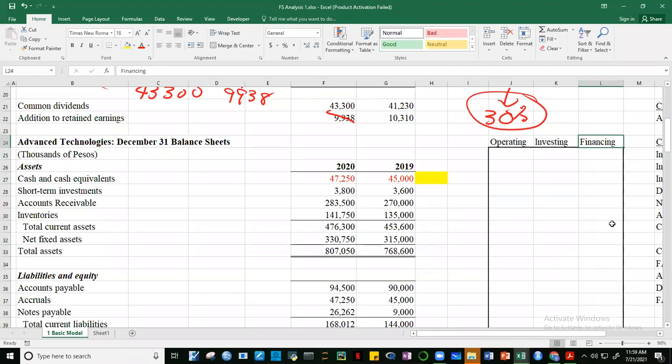Kasi gagamitin natin yung balance sheet ng 2020 at saka 2019 and the income statement of 2020 and then plot the different activities that transpired in 2020 and then determine whether it's part of operating, investing, financing, and then determine also if it's a source of cash or a use of cash. So those are the things that we need to come up with.